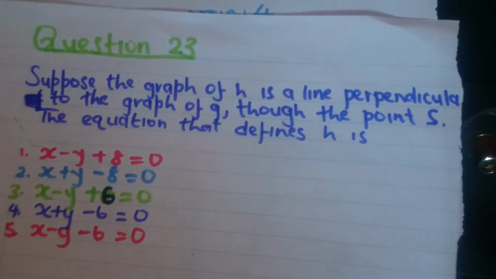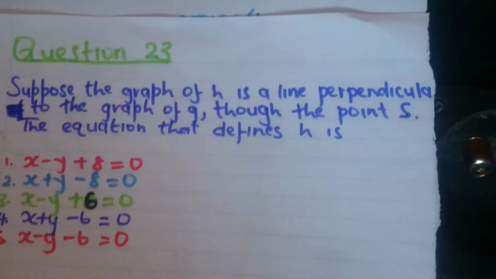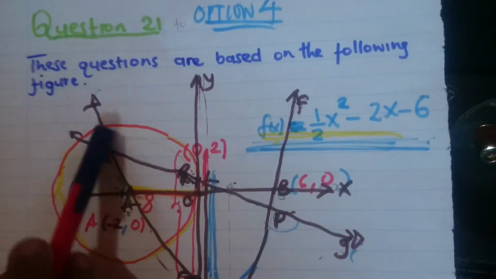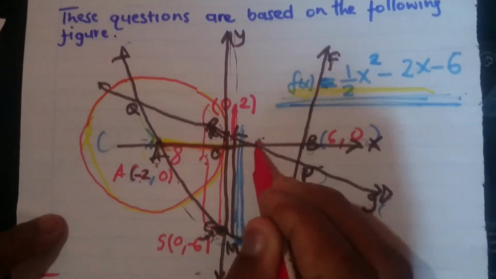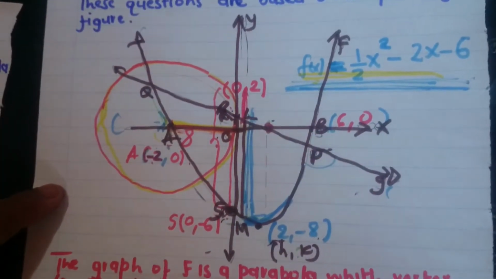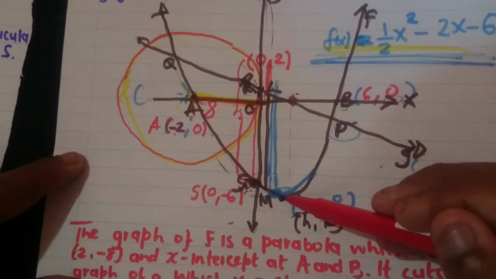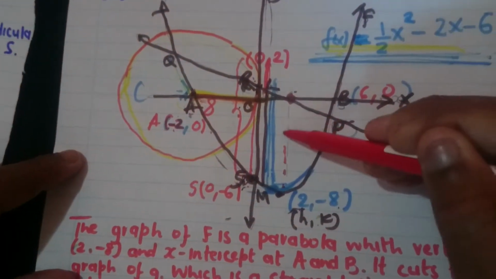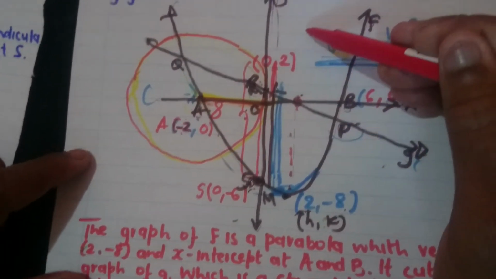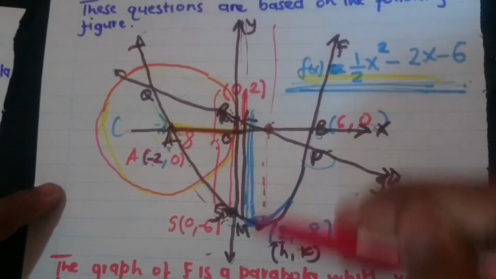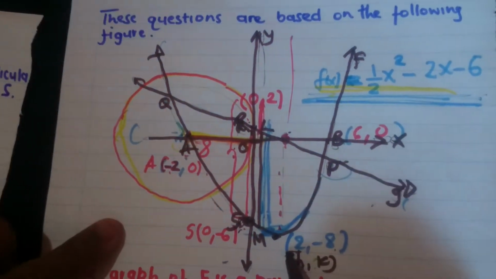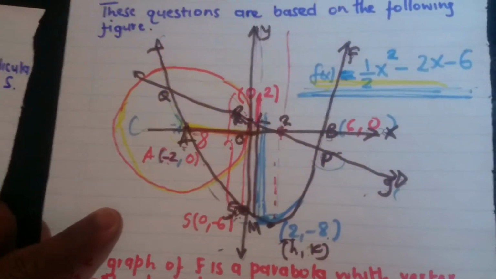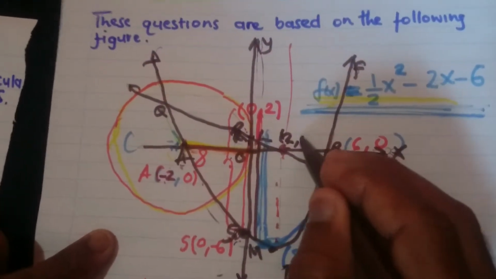So now they say, suppose the graph of H is a line perpendicular to the graph of G. So which is the graph of G? This is our G here. But remember one thing, for the graph of G, we know these coordinates here, even if they didn't tell us. These are vertices, meaning the turning points. Whenever you have a vertical line, they always share the same value of X. So this coordinate must be 2, and Y always equals 0.